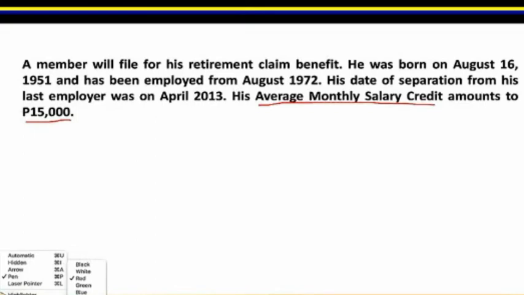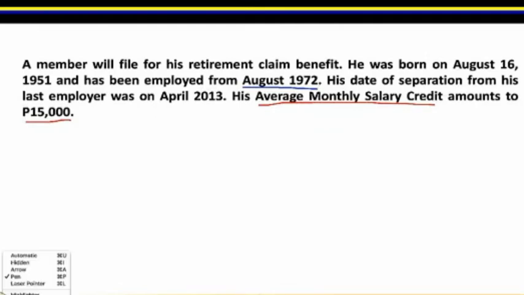Now, kailangan naman natin malaman kailan siya nag-start or kailan siya naging covered ni SSS. So, sabi dito, he has been employed from August 1972. So, meaning to say, that is the start of coverage date. Ngayon, kailan naman siya na-separate from employment?